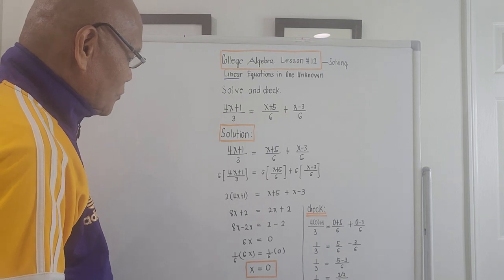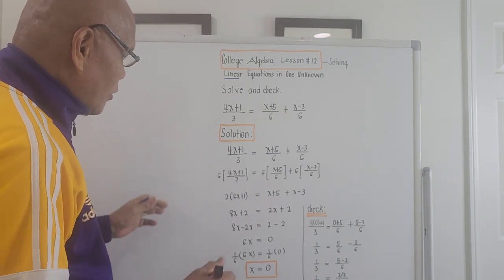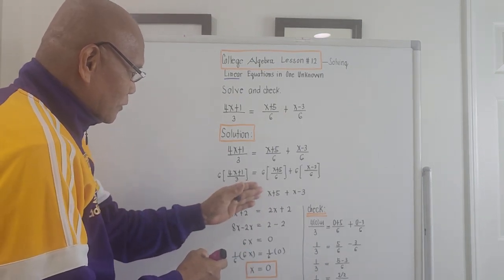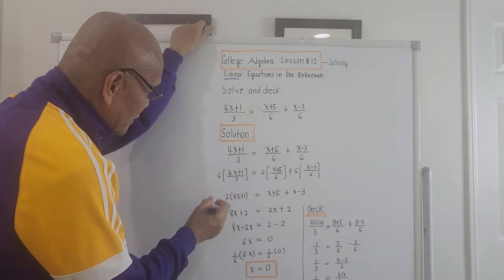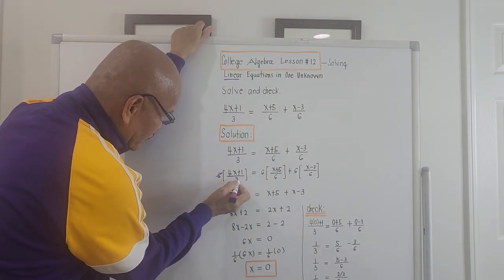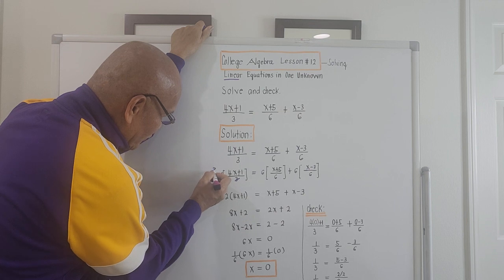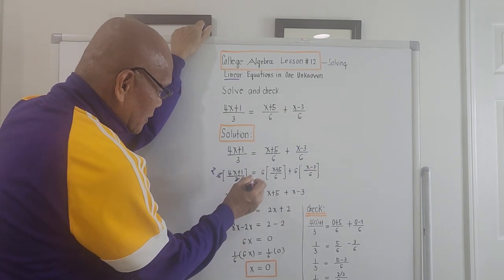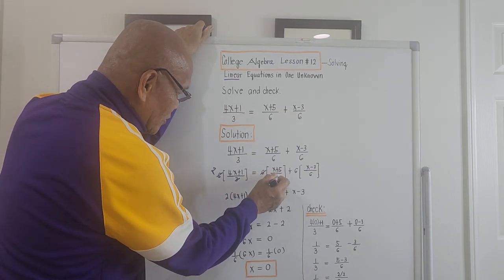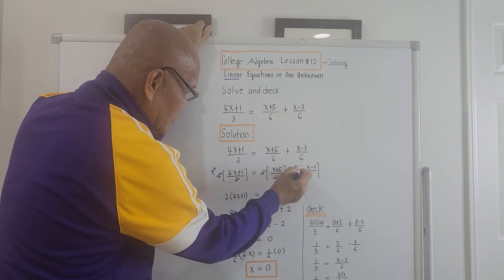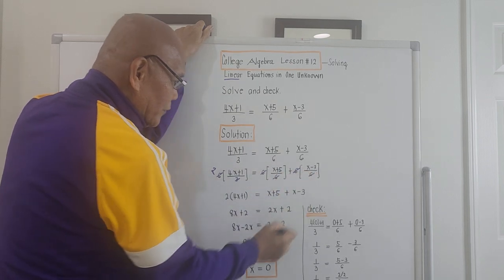And if we observe, after multiplying all the terms for both the left and right by 6, this 6 here cancels with this. So this will become 2, right? And this 6 here cancels with this. This 6 here cancels with this.